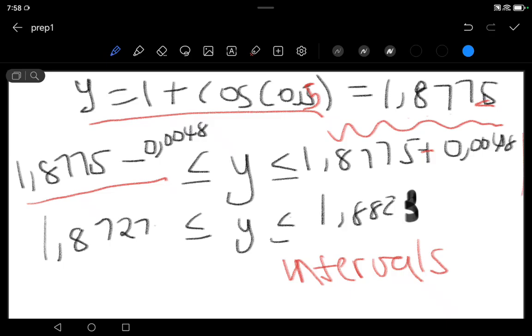Okay, 1 over cos, our value of x is 0.12.